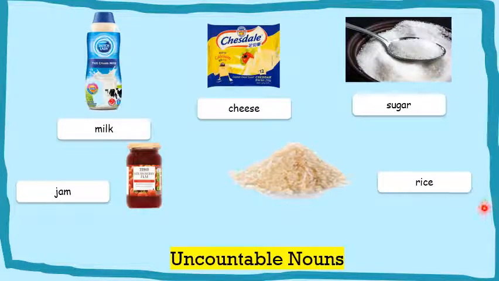Okay, let's look at that. We have the uncountable nouns. For uncountable nouns, remember, tidak boleh dikira. It cannot be counted. So we have cheese, sugar, rice, jam, milk. If so, you may be wondering, teacher, then how do I put it in a sentence since I cannot use a or an?